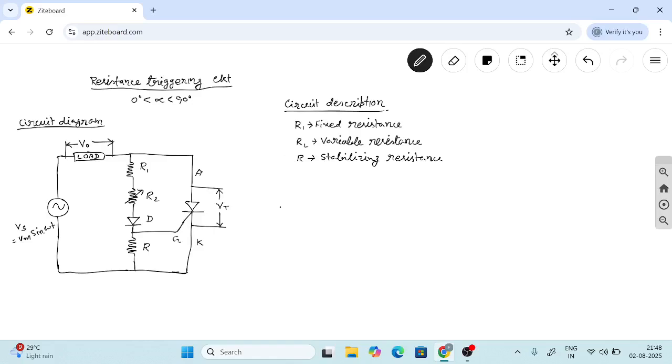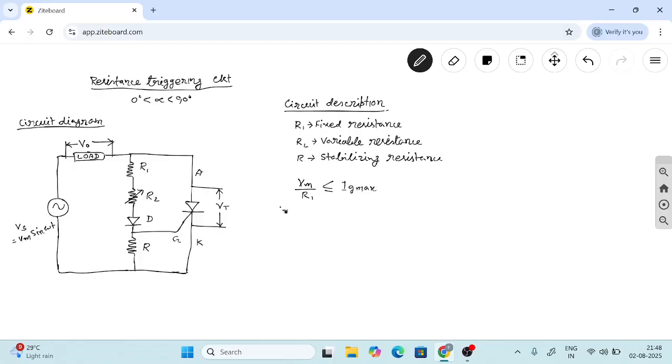The maximum gate current will flow, that is Vm by R1 whenever R2 becomes 0. It should not exceed the maximum possible gate current, that is Ig max. This amount of current SCR can withstand.